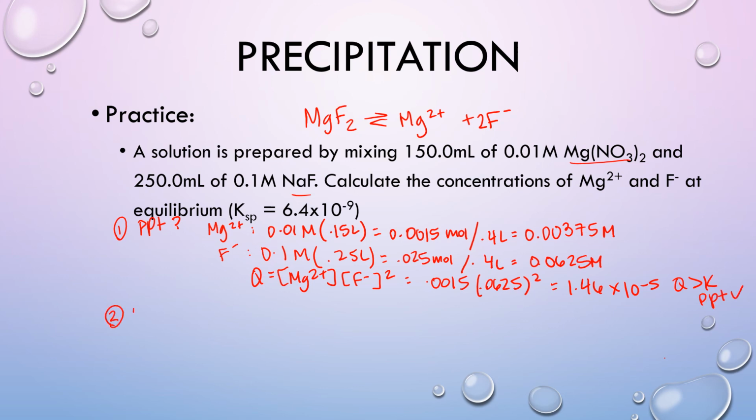So now I'm going to do the precipitation. I'm going to take the moles of each. So I see I have a limiting amount of magnesium. So that's the one I'm going to run out of.